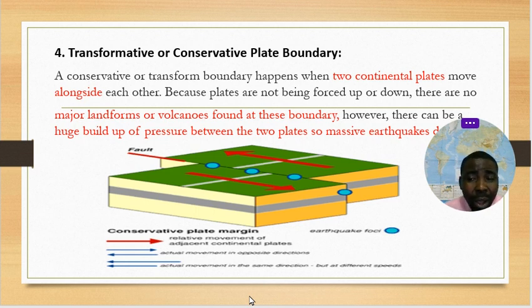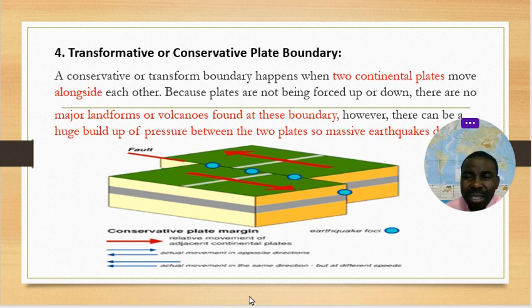Now, because the plates are not being forced up or down, there are no major landforms. No major landforms. But there can be a build-up of pressure between the two plates.